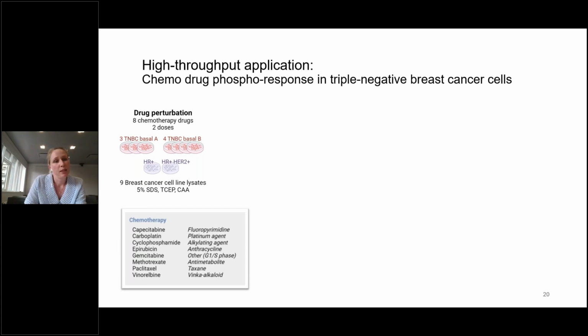And you see the setup here. So we have acquired lysates from 9 breast cancer cell lines, 7 of them triple negative, 2 of them hormone receptor positive. They were treated with 8 chemotherapeutic drugs in 2 doses, and each condition had 5 replicates. And you see the different chemotherapeutic agents listed in the table here.